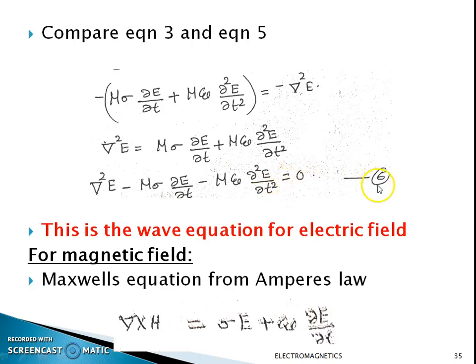Mark it as equation number 6, and this is the wave equation for electric field in the case of a conducting medium. Then we have to find out the wave equation for the magnetic field.